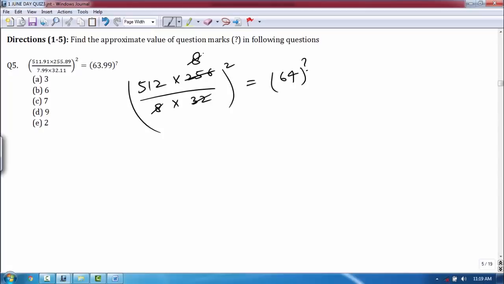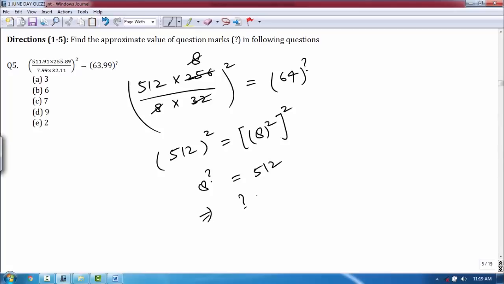Then 8 cancels 8. So we are left with 512 square is equal to 8 square to the power question mark, because 64 is the square of 8. So 8 to the power question mark is equal to 512. This implies question mark is equal to 3 because the cube of 8 is 512.